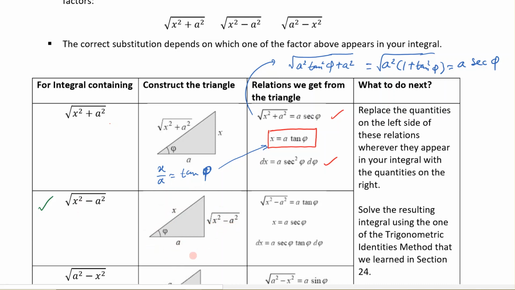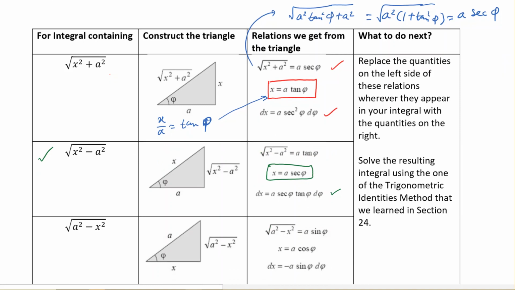Depending on this construction, we figure out that x should be equal to a secant phi, and we start with this substitution. We find the corresponding dx, and when you put x equal to a secant phi, this algebraic expression equals a tangent phi. We replace everything in the integral in terms of trigonometric quantities, and then we solve the integral.